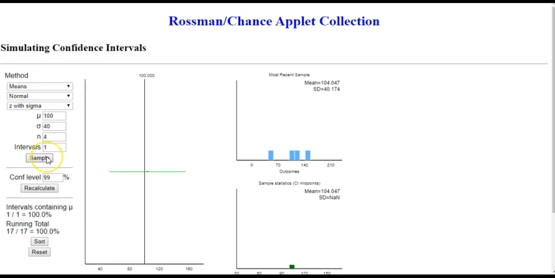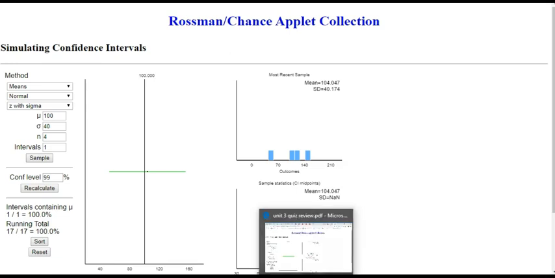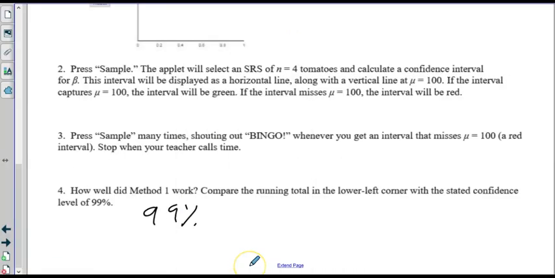And like I said, we're still getting 100%. It was interesting in the previous class, it actually was 97.5. So the running total was different in the previous class. This time we end up with 99%. Again, we got some randomness there.